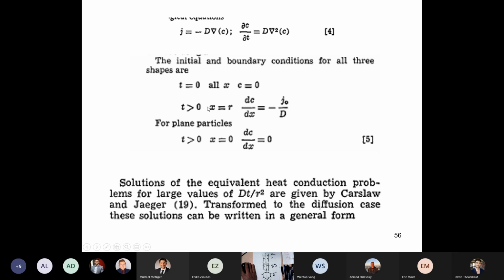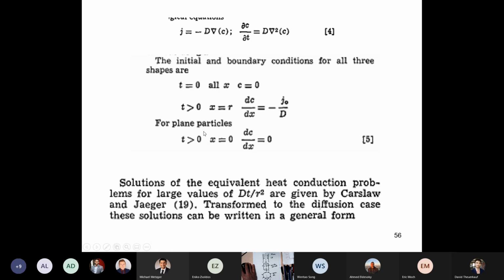And then he says, for t greater than 0, at the surface, Fick's first law must hold. So the concentration gradient of the lithium in the solid must equal the rate at which it's coming to the surface, so the current density in the electrolyte at the surface of the particle, divided by the diffusion constant. This is just D grad c equals j. That's the diffusion equation.